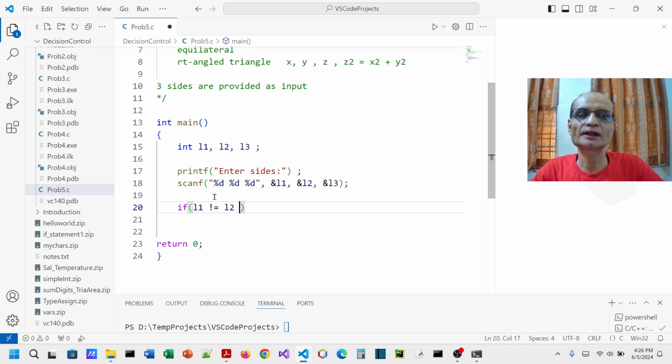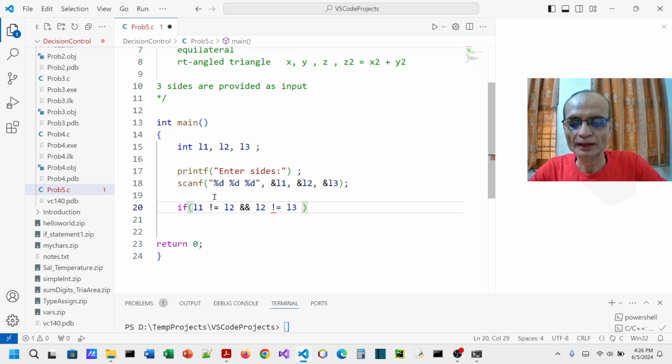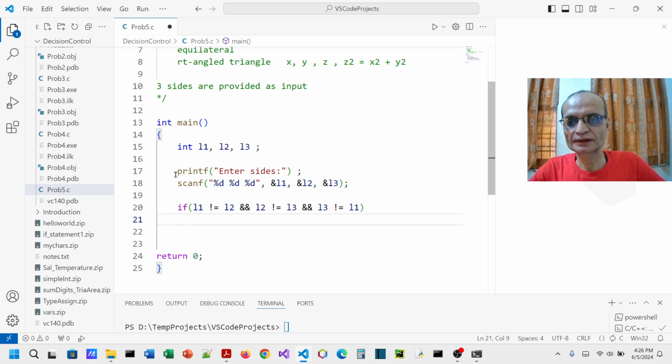So L1 is not equal to L2, and L2 is not equal to L3, and L3 is not equal to L1. If this is going to be the case, then we can very easily say it's a scalene triangle. Sorry, it's a scalene, not isosceles.